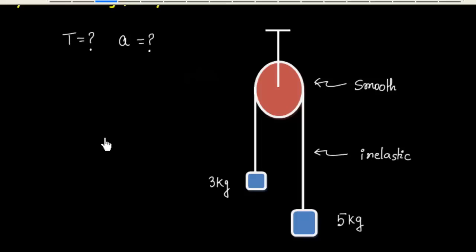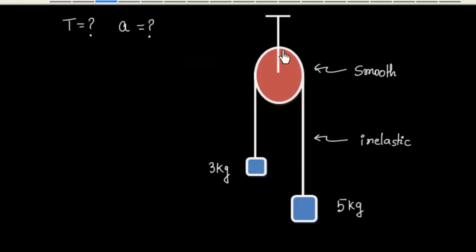Now two points are important. When the pulley is smooth, the tension on this side is equal to the tension on this side. But when the pulley is not smooth, the tension on both sides is not equal.